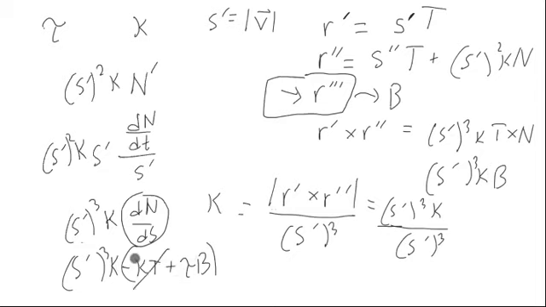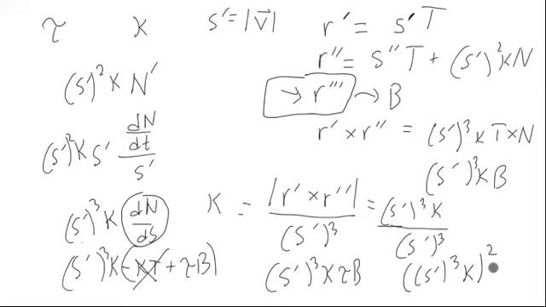Notice that this part doesn't matter, and we're just left with s prime cubed kappa times tau b, and if we dot it with this, b dot b will be 1, the unit length, and we end up getting s prime cubed times s prime cubed times kappa, so basically just that squared times tau.